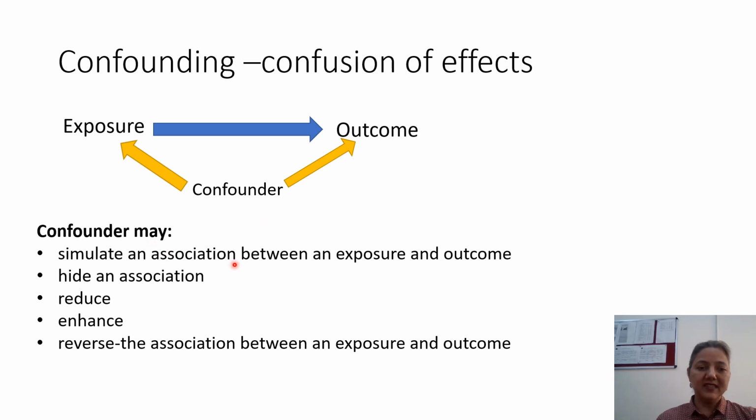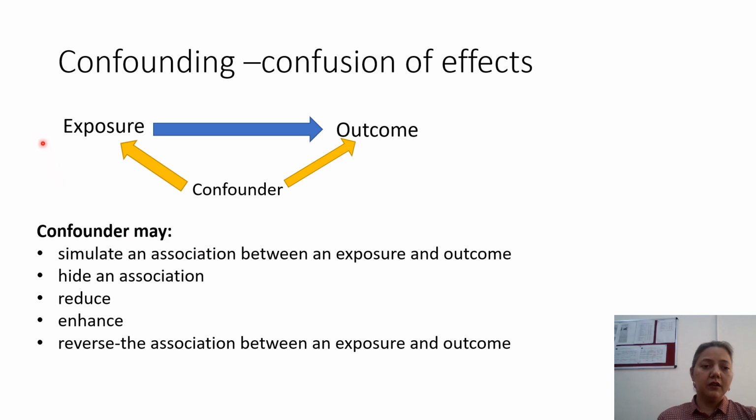Confounders can simulate an association between an exposure and an outcome. They can hide an association between them. They can also reduce the degree of association between an exposure and an outcome, can enhance the association, and can also reverse the association.